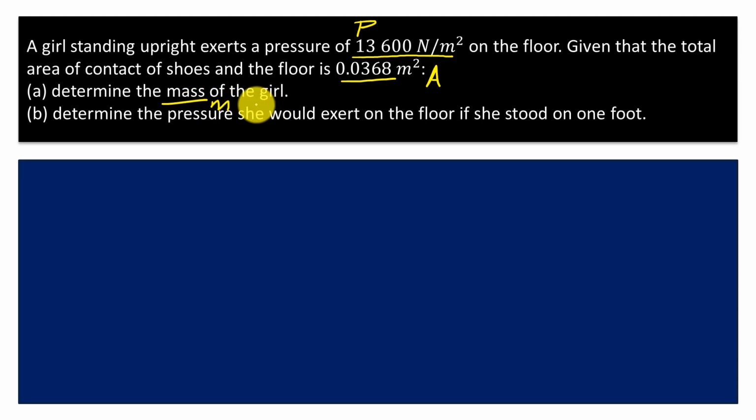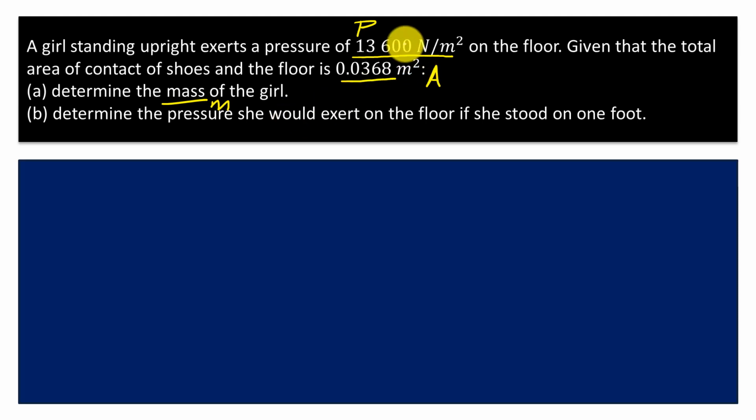Now we ask ourselves, is there a relationship or a formula that connects pressure, area, and mass? The relationships that we've looked at do not have a direct connection between these three, but we can show that they are connected. So let's start with what we know.